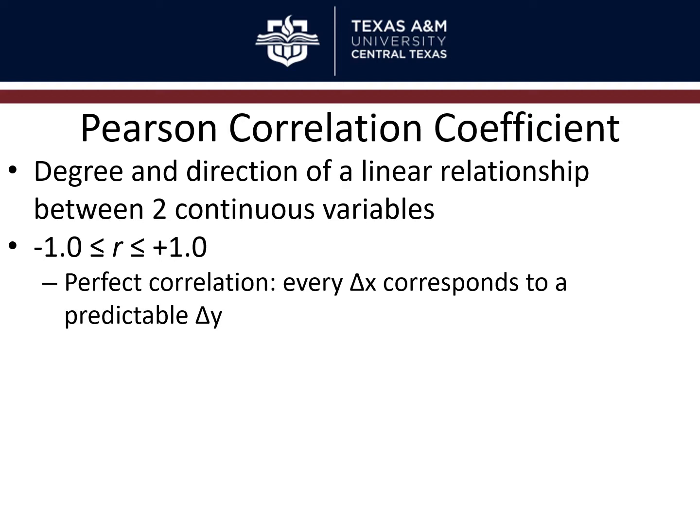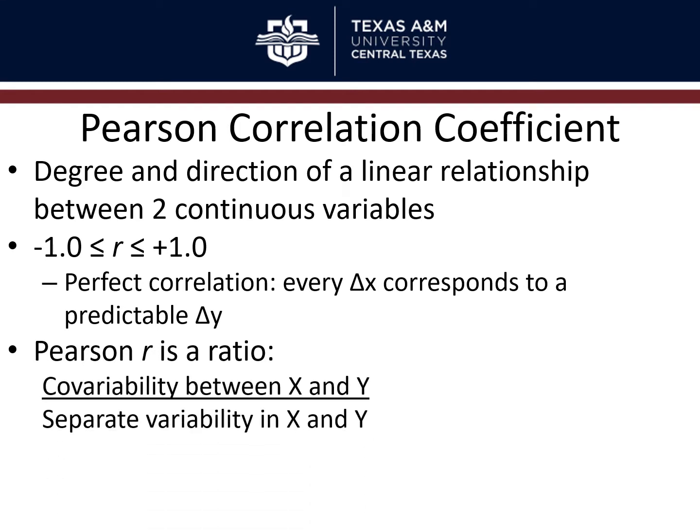And the closer a correlation is to 1, the closer the observations are to this kind of theoretical formula for a line. So that Pearson R really is a ratio. It's a ratio of covariability between X and Y relative to the separate variability in X and Y. So how much do X and Y covary?